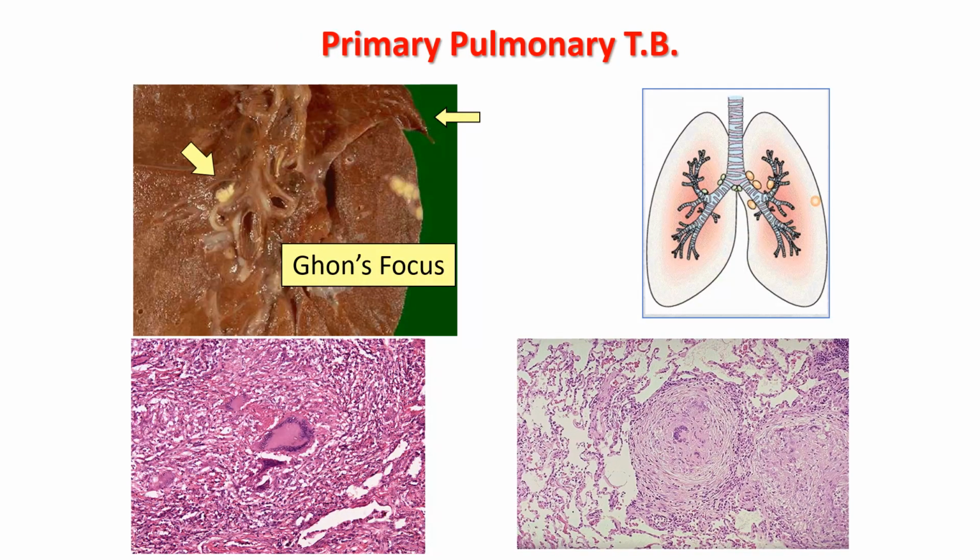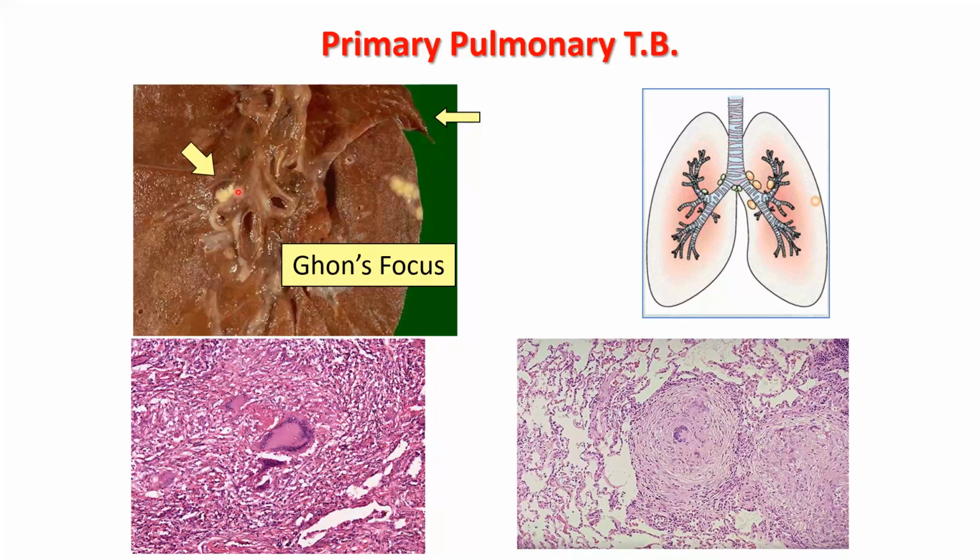Primary pulmonary TB, again, there is a lung affection here. It's the apex of the lower lobe, a subpleural focus, yellow, cheesy on cut section, rounded and subpleural. It's the base of the upper lobe.